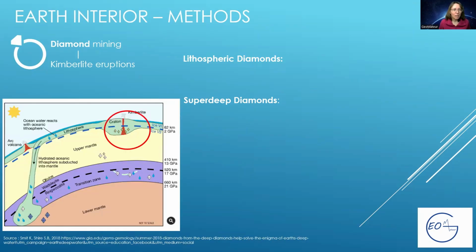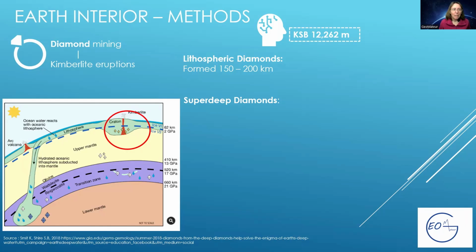Lithospheric diamonds are formed at the depth of 150 to 200 kilometers below the surface. So it's pretty impressive. Please compare to the Kola super borehole, a little bit over 12,000 meters, so 12 kilometers.